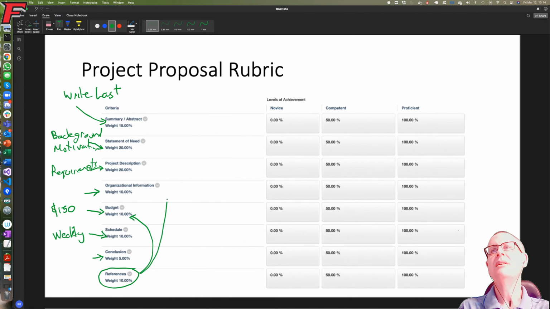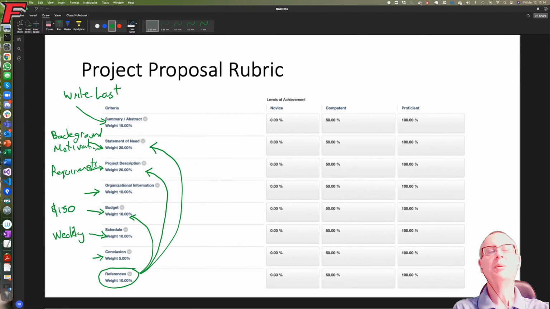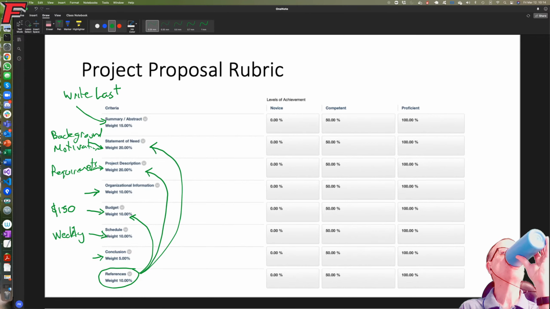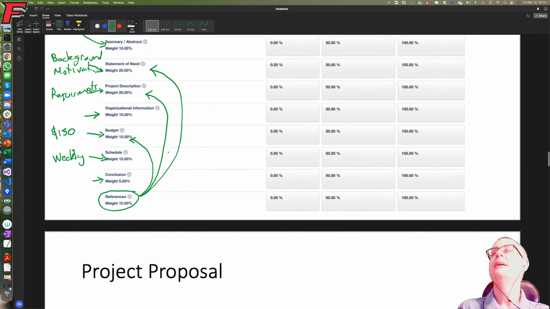You may need to reference stuff for the requirements, and you'll certainly need to reference stuff for the motivation. Any questions about that rubric? Okay.